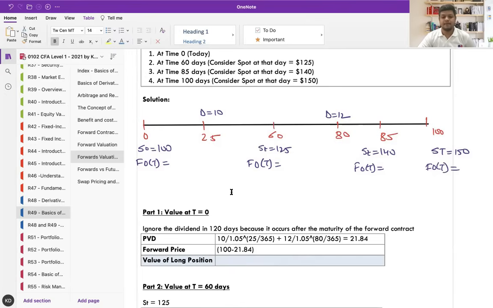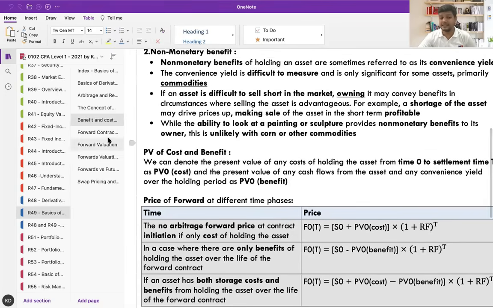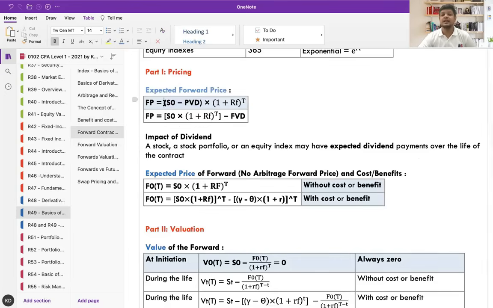Okay. Clear? Now, what were we discussing? We were discussing the pricing. The pricing is always spot minus the present value of dividends, and then take everything to the future. So I'll now discuss what we do. What are we trying to find? See here. We are trying to find the future price, right?